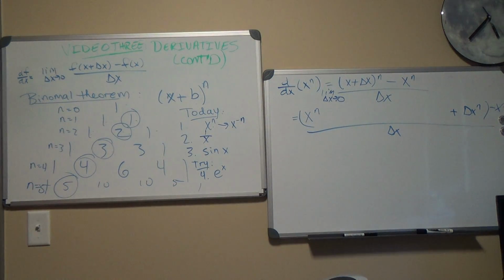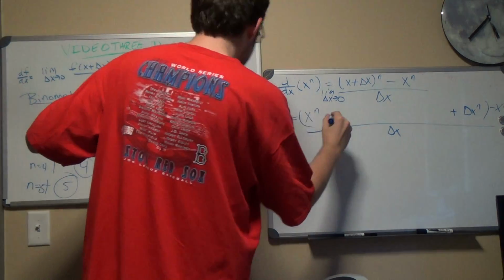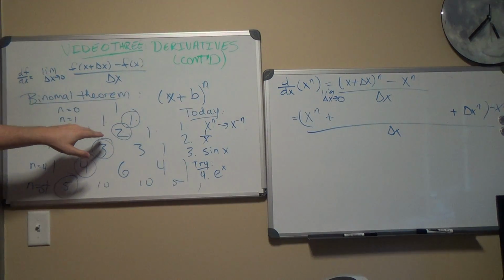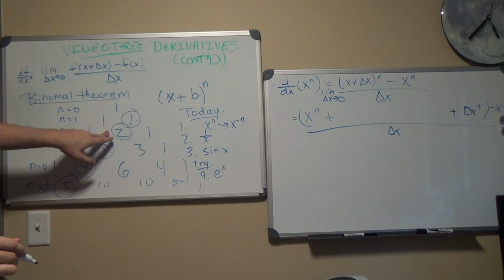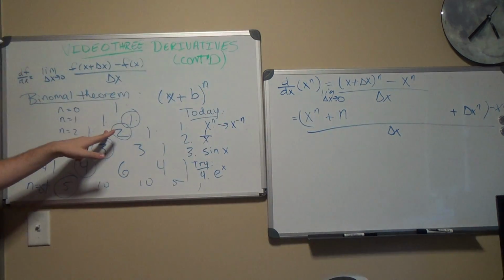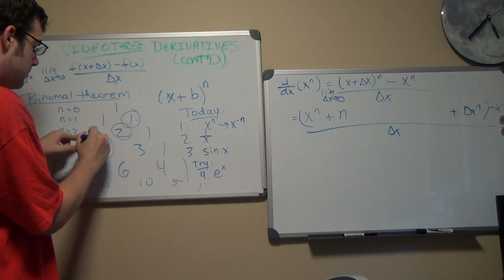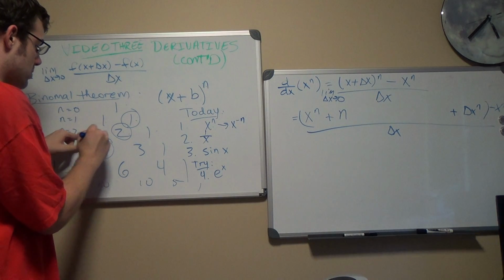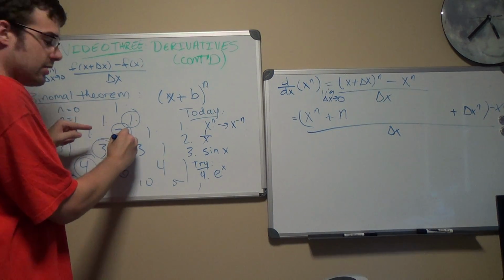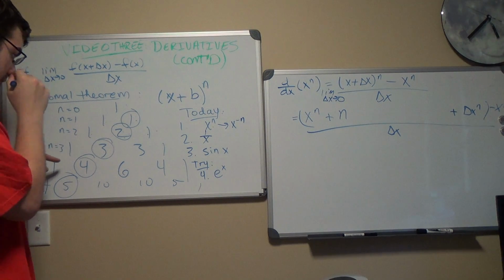Okay, so the second term we can see is plus n. Here we have 2, so this is for n equals 2, this is x squared, this is x delta x, this is delta x squared.